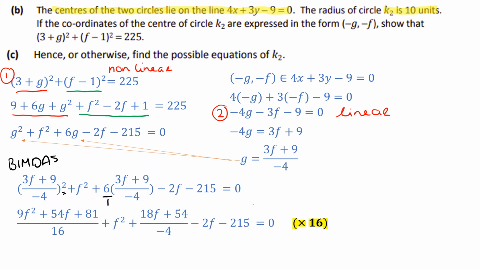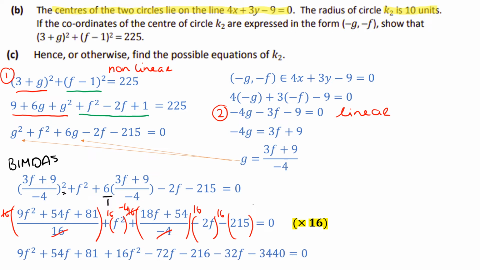I'm going to multiply every piece by 16 to get rid of my fractions. Here, just be careful. 16 cancels, that's no problem, but 16 and minus 4 leaves me a minus 4 that I need to multiply in. So this is 16 by that, and also 16 here.